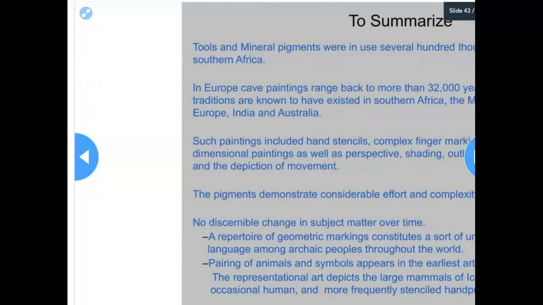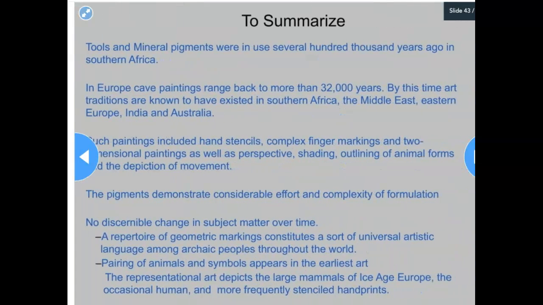So to summarize, we know that tools and mineral pigments were used several 100,000 years ago in southern Africa. We looked at paintings in Europe that range back 32,000 years and also have been found in other places.